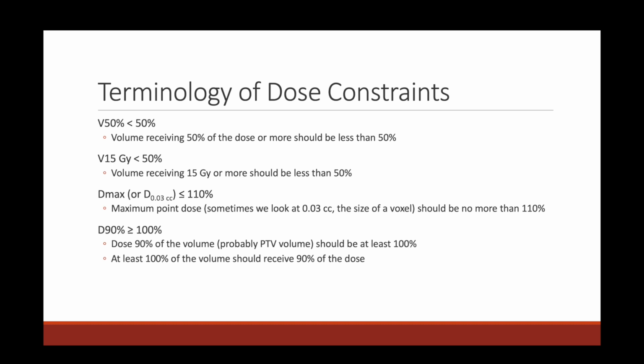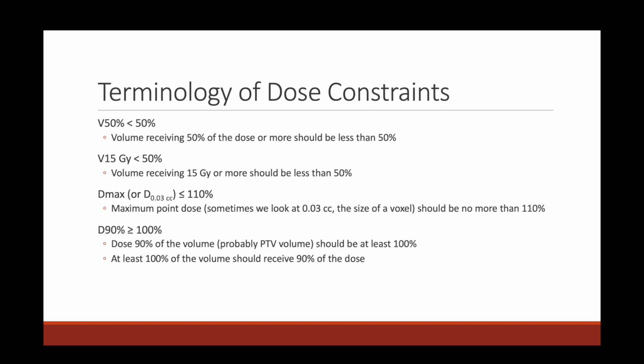But D max really refers to the maximum point dose. So if we say something like D max should be less than or equal to 110%, what we mean is that the maximum dose should be no more than 110% of our prescription dose. So if the first letter is a D, then whatever number is on the other side of that less than, equal to, or greater sign is going to be a dose.